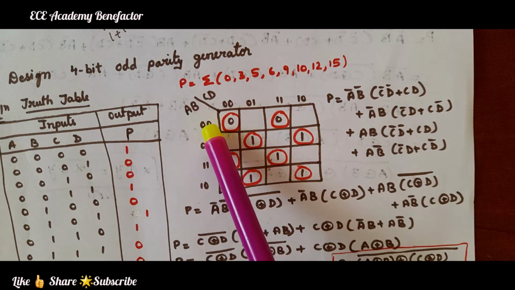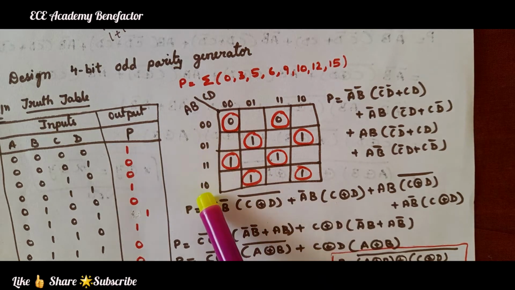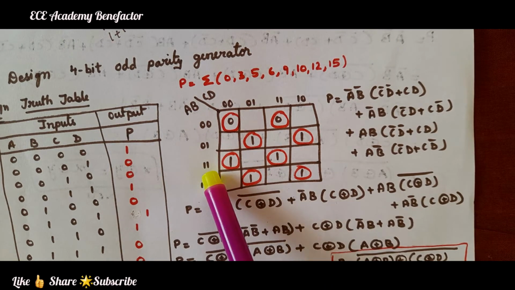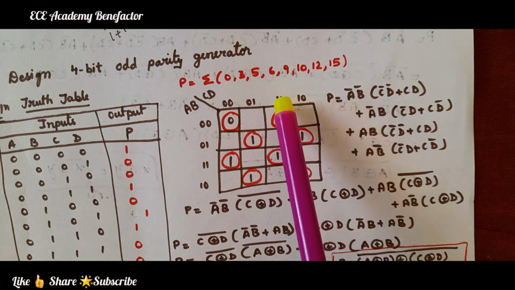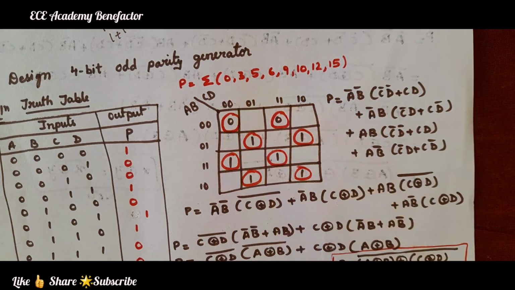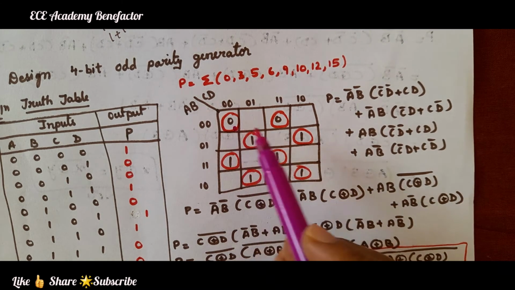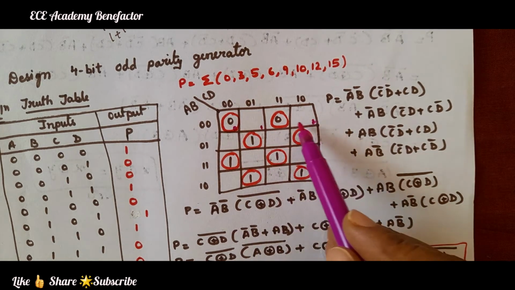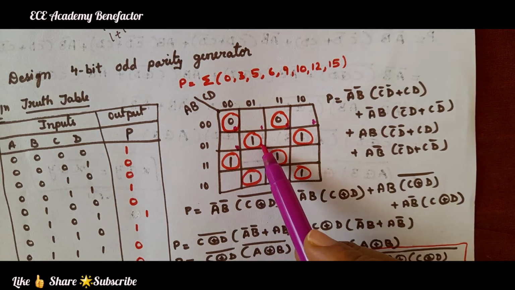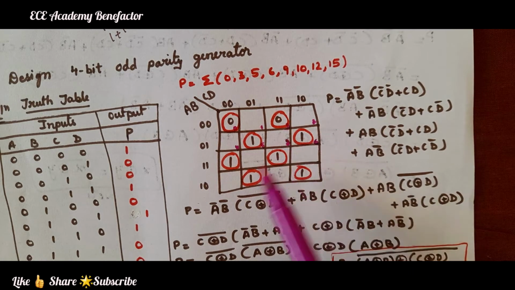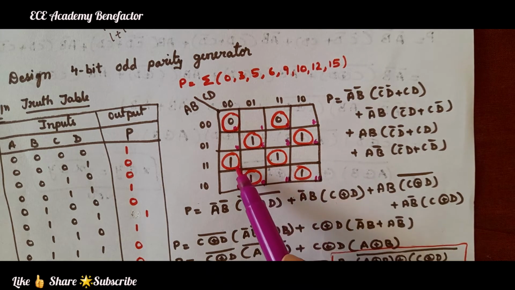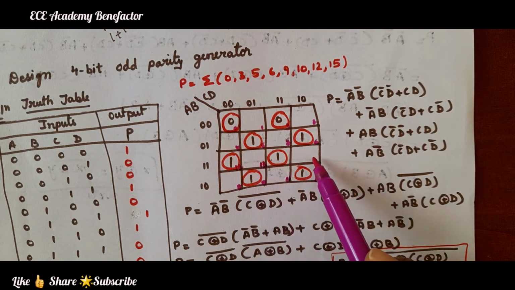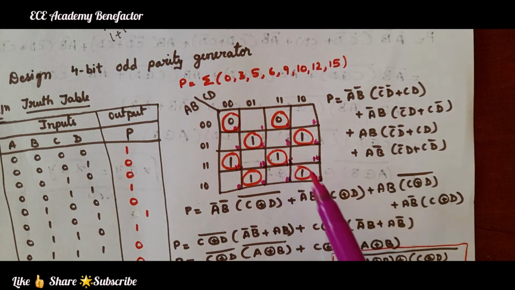So it is 0, 0, 0, 1, 1, 0, 1, 1, 0, 0, 0, 1, 1, 0, 1, 1, and we know the cell numbers. So this cell number is 0, 1, 2, 3, 4, 5, 6, 7, 8, 9, 10, 11, 12, 13, 14 and 15.